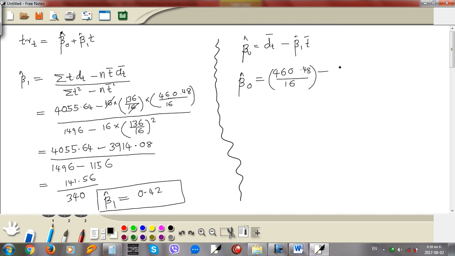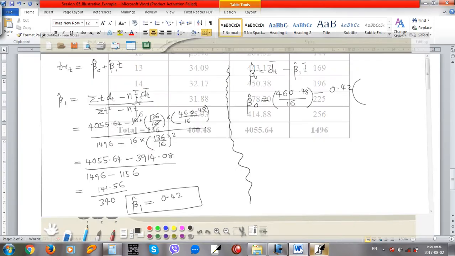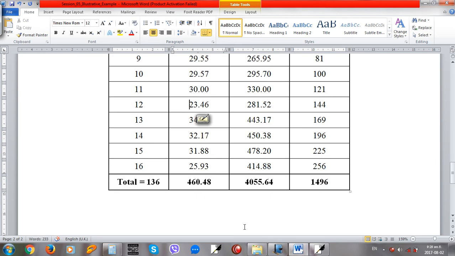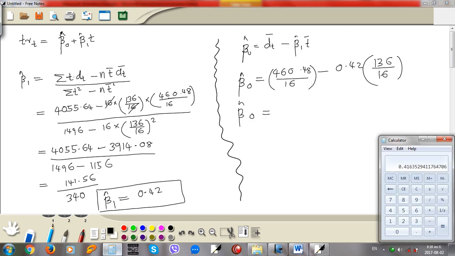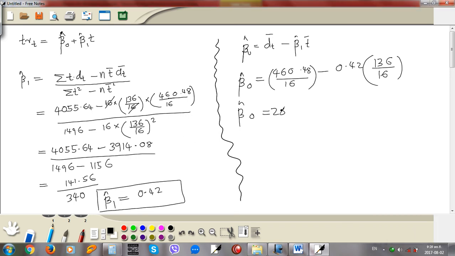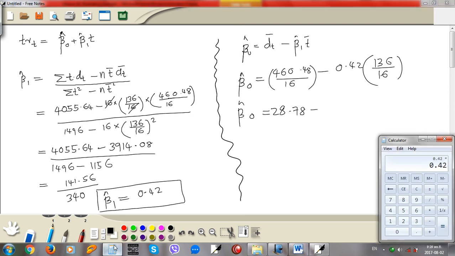Then beta 1 is 0.42, and t bar is sigma t, 136, divided by 16. So beta naught hat equals 460.48 divided by 16, that is 28.78, minus 0.42 multiplied by 136 divided by 16, the value comes as 3.57.